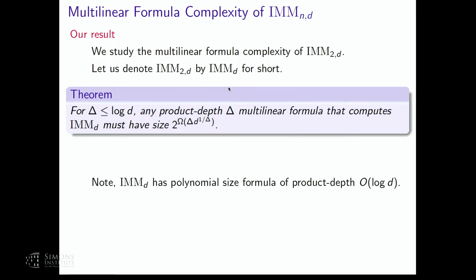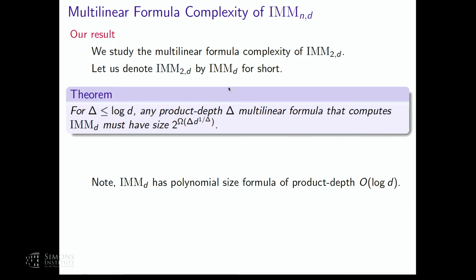Note that IMM has polynomial size circuits and even polynomial size formulas if the size of the matrix is just 2. So in that sense, this is a very nice polynomial that has small depth, log depth formulas of polynomial size, but for any delta smaller than log, it requires more than polynomial size.